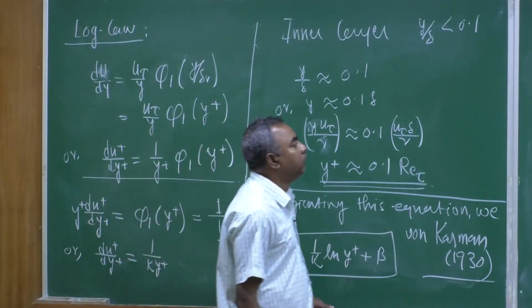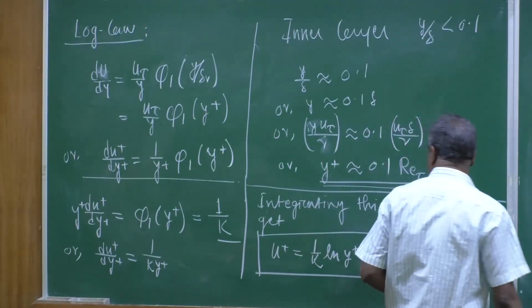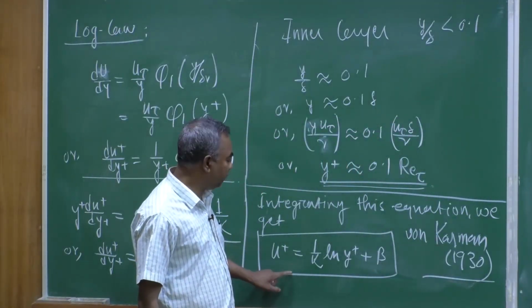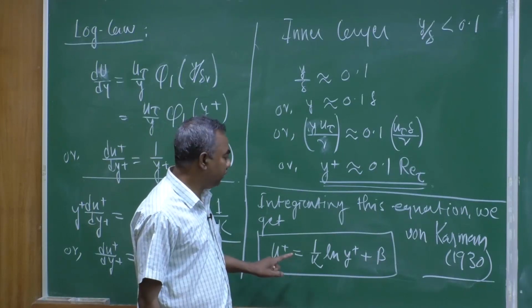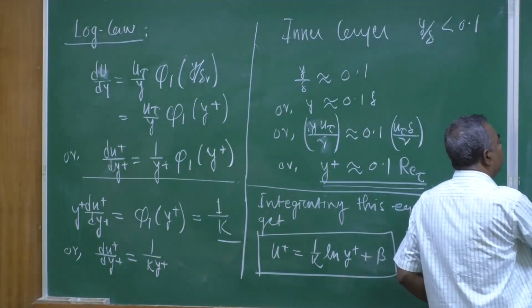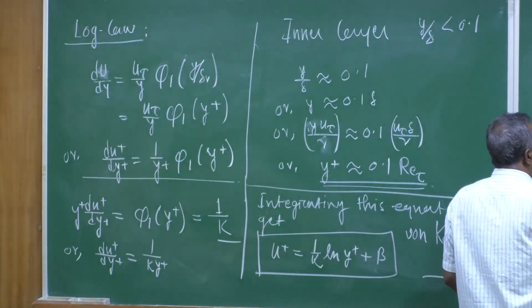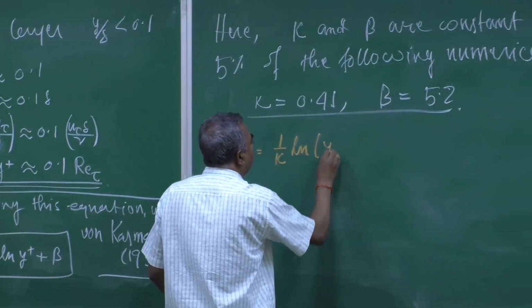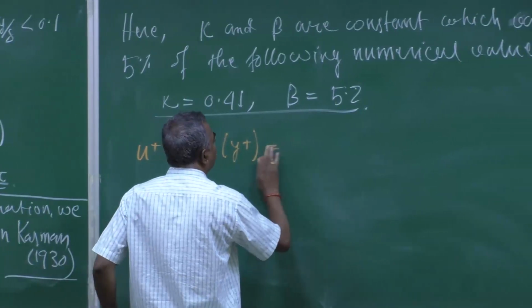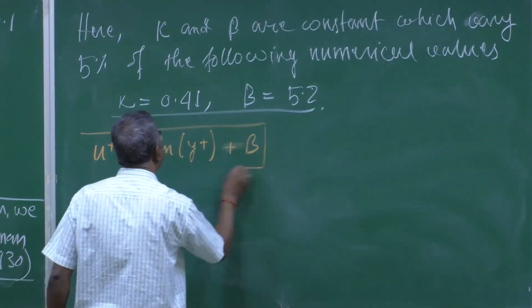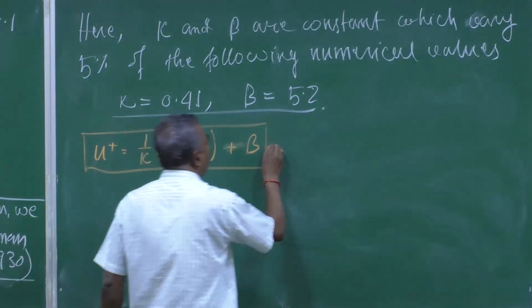This is what is known as our log law: u plus equals 1 by kappa ln y plus b. That is the log law.